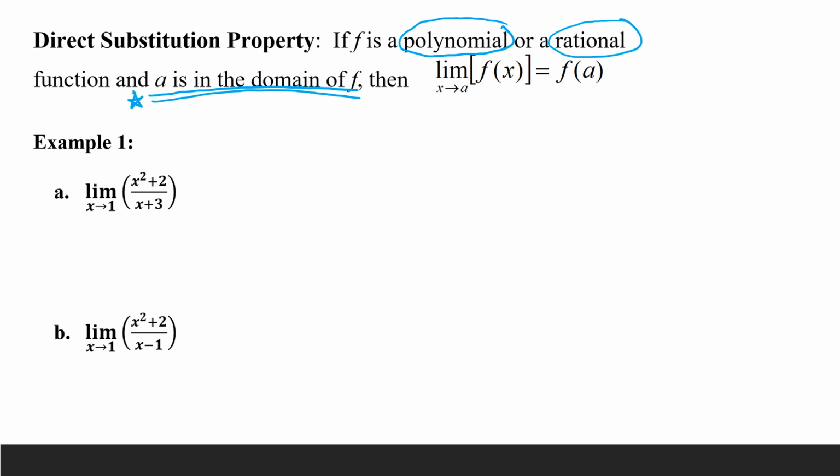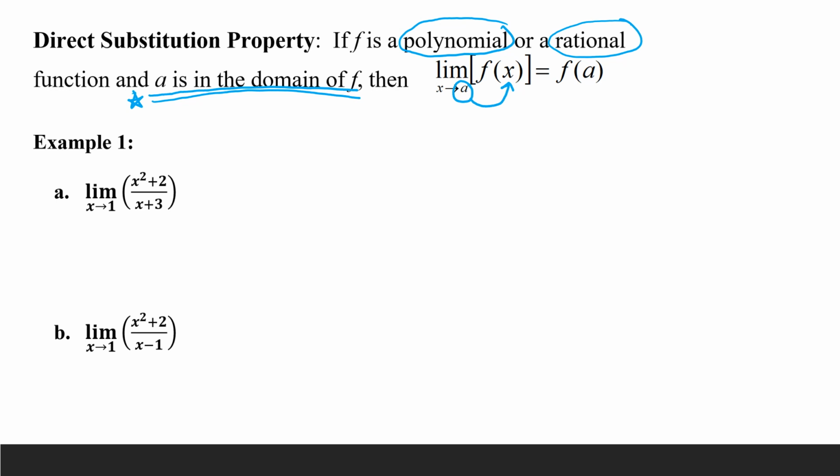Then the limit as x approaches a of f of x is f of a. So that means we can directly substitute this a in for x, and that will evaluate our limit. Notice that that limit is gone after we've directly substituted. So it's just an f of a, we don't have a lim anymore.